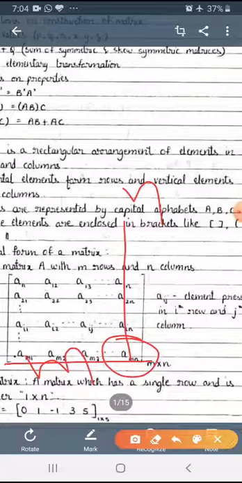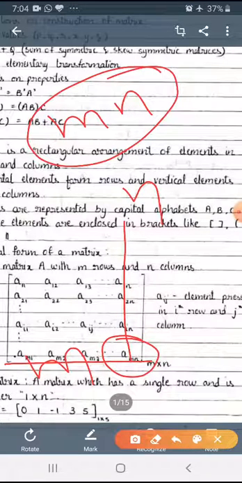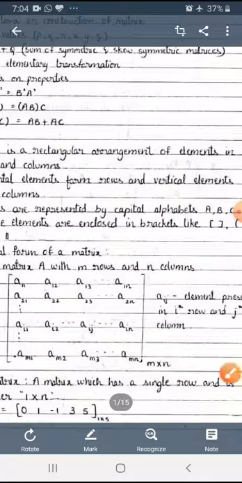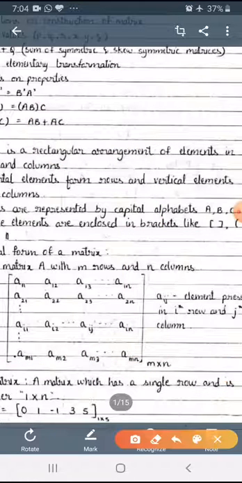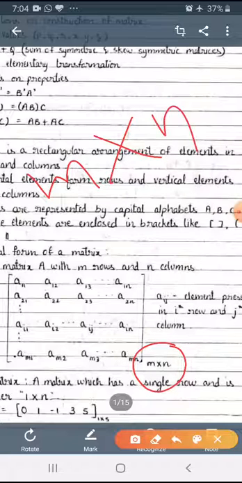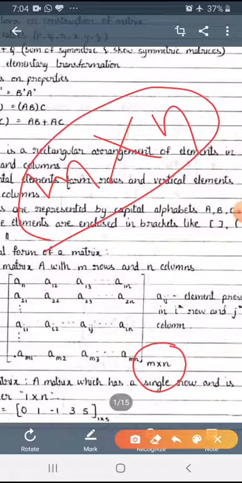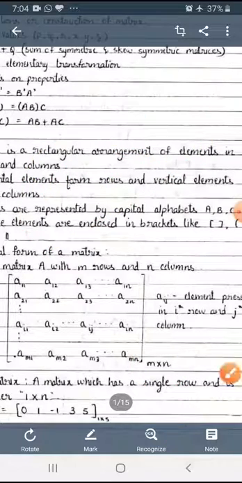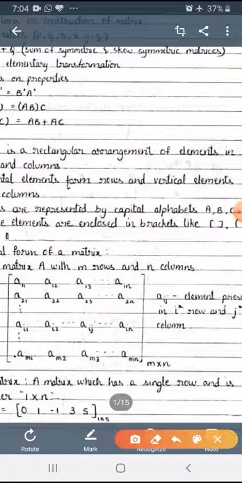So finally, how many elements are there? m into n elements are there. This matrix order is denoted by m cross n, but we read it as m by n. So it is the order of the matrix. Now I will give one matrix as an example.